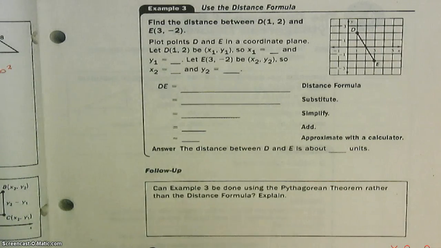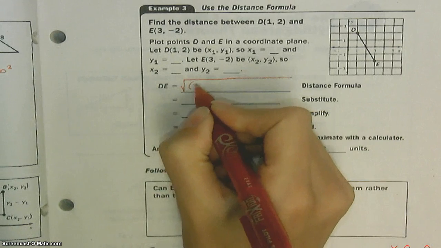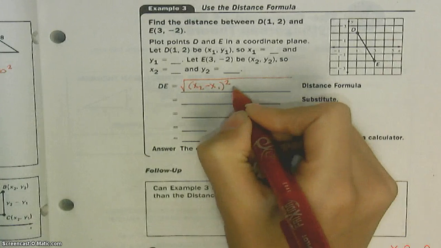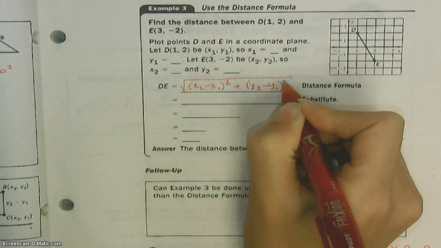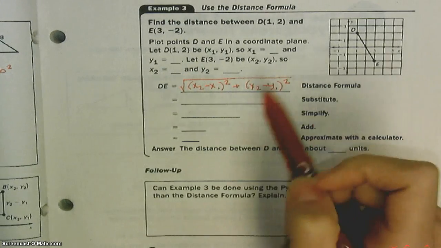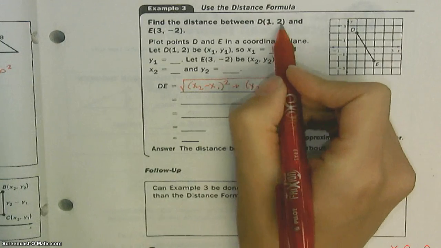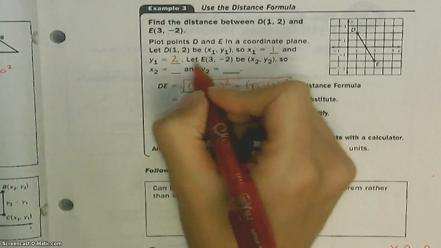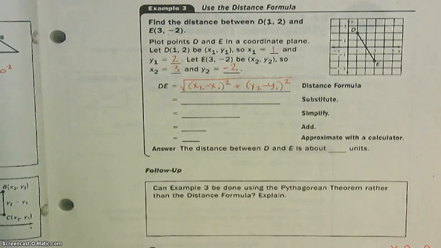All right, let's write out the distance formula first. It's kind of a long one. Subtract the x's and square them. Subtract the y's and square them. We have to make sure we know which one is x and which one is y. Hopefully you remember that x always comes first. So here's x, there's y. So that's d. For e, x is 3, and y is -2.